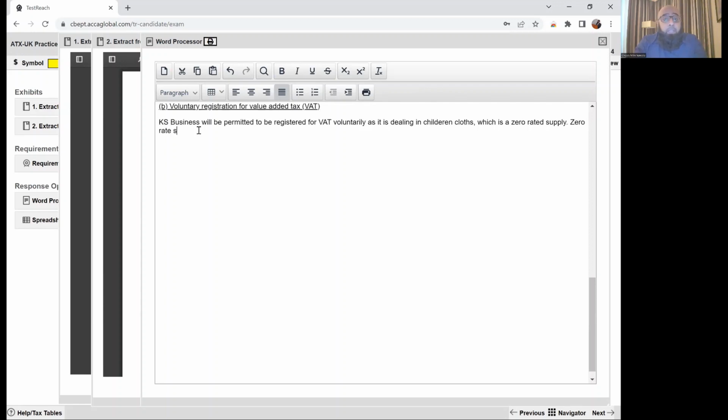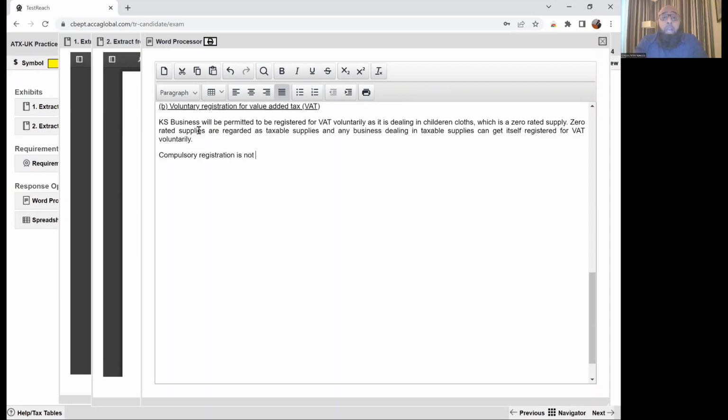Zero rated supplies are regarded as taxable supplies, and any business dealing in taxable supplies can get itself registered for VAT voluntarily.